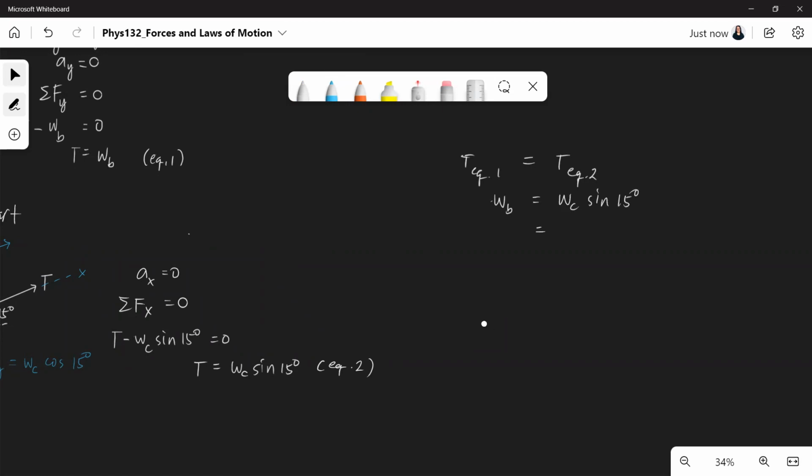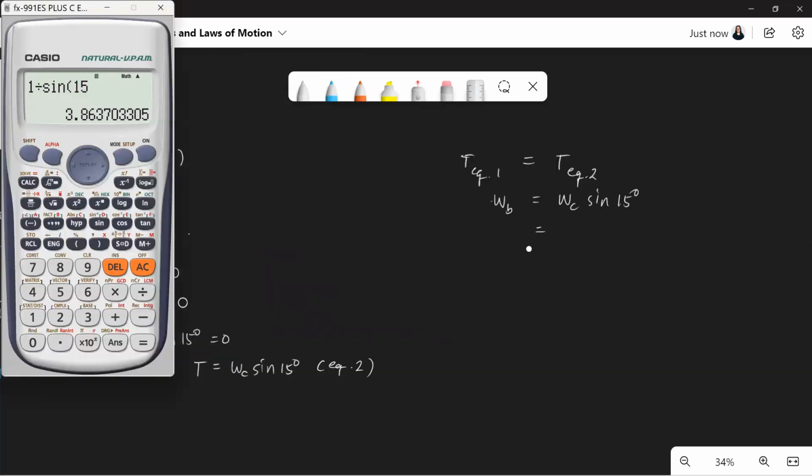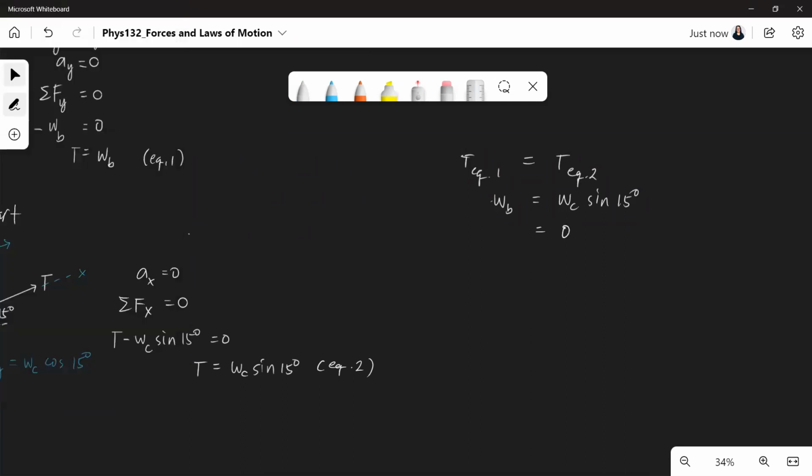Or if we get the approximate value of sine of 15 degrees, that would be 0.2588 times the weight of the cart.